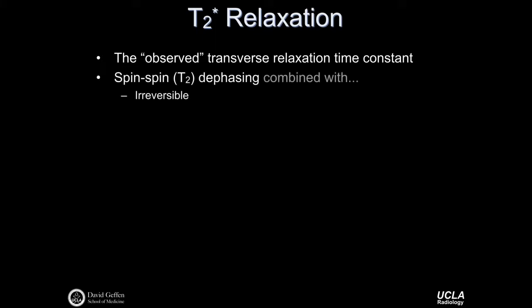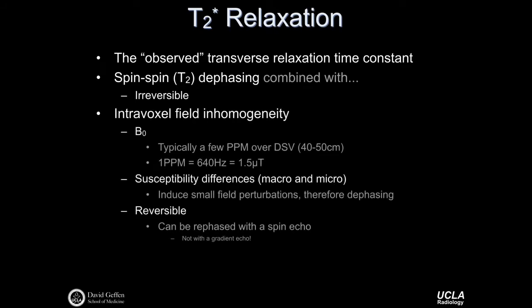This represents spin-spin dephasing, which was what we understood T2 dephasing to depend upon, but it's combined with something that's reversible. The T2 spin-spin interaction is irreversible. Those losses of spin coherence or dephasing are not recoverable. So once we have generated transverse magnetization, it will irreversibly decay as a consequence of the relaxation equations that we showed previously, dependent on the tissue's underlying T2.